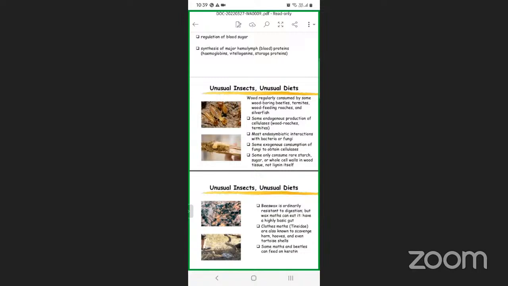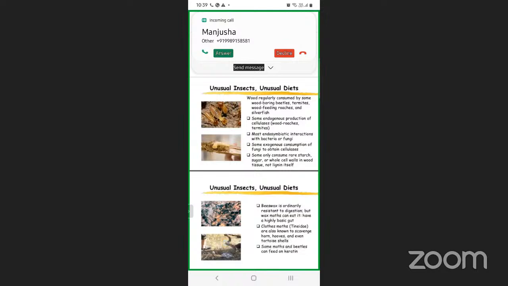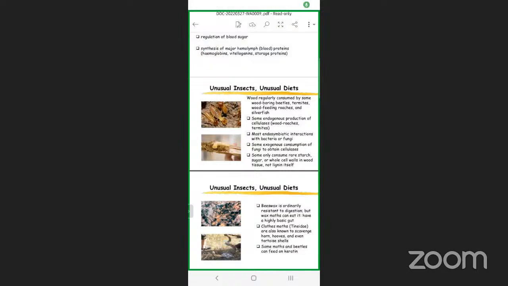Pediculus, human lice, live on the head of humans. Cimex, bed bug.